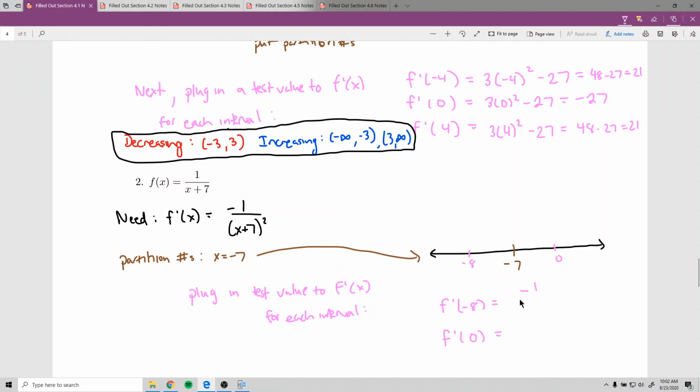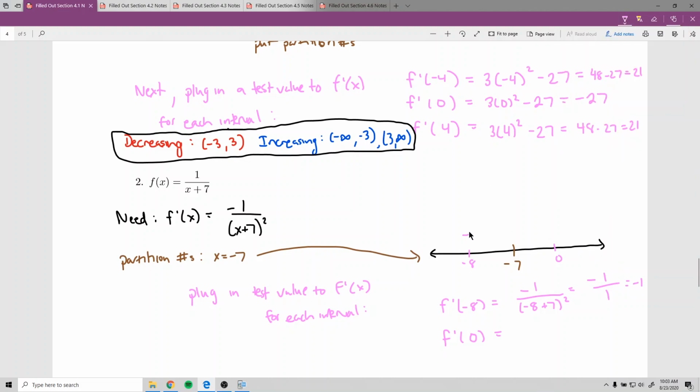We got -1 over x, which is -8 plus 7 squared. And then simplify this. We got -1 on top, and on the bottom, -8 plus 7 is -1. If we square that, we get 1. So we get -1.